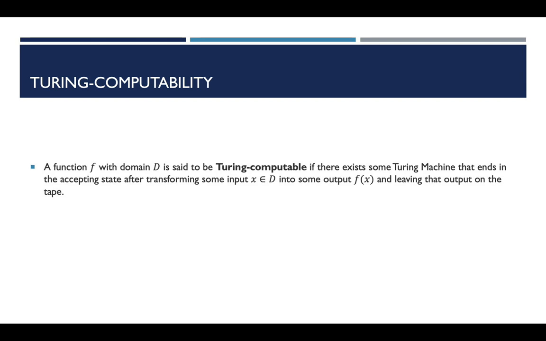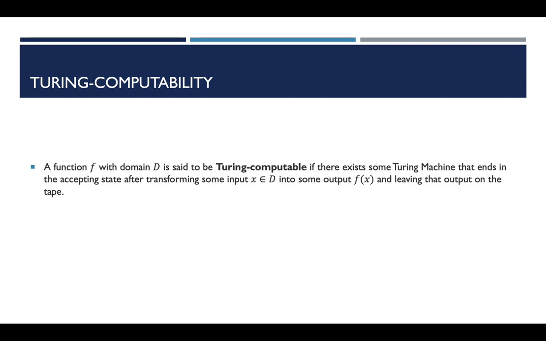So, for example, we could have a function that simply copies whatever input is on the tape to the end of the tape. This is possible because that problem is Turing computable.